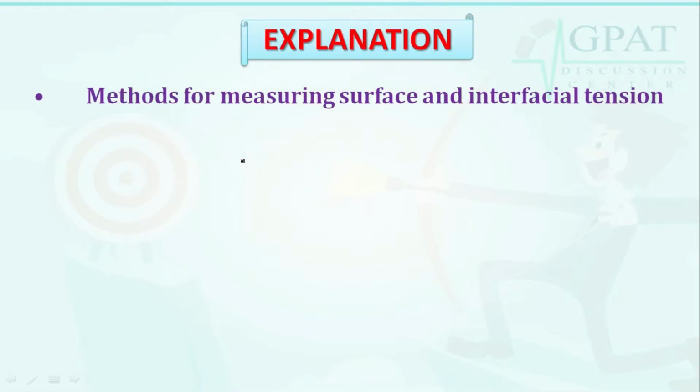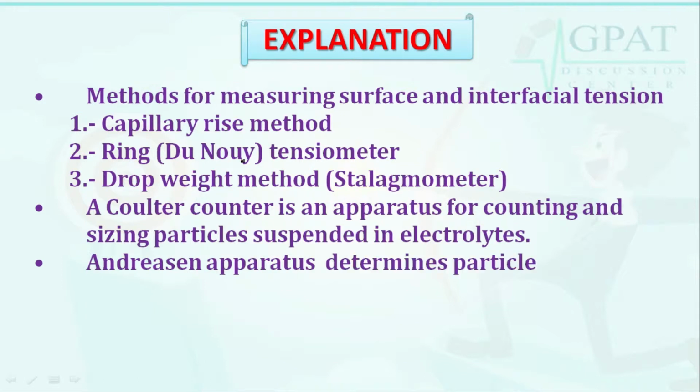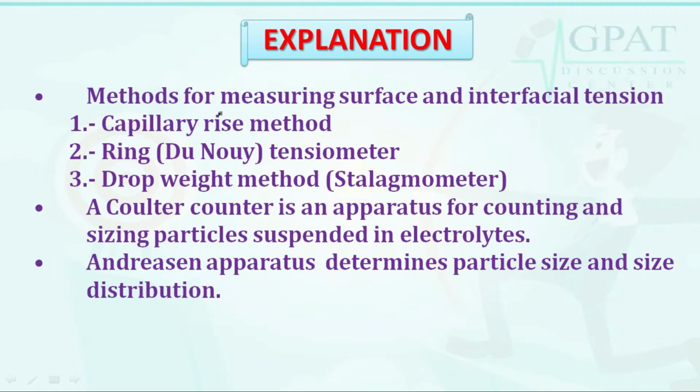So let's discuss with the help of the explanation. Here we have a detailed description of each point. Methods for measuring surface and interfacial tensions are the capillary rise method, ring du Noüy tensiometer, and drop weight method, that is the stalagmometer.